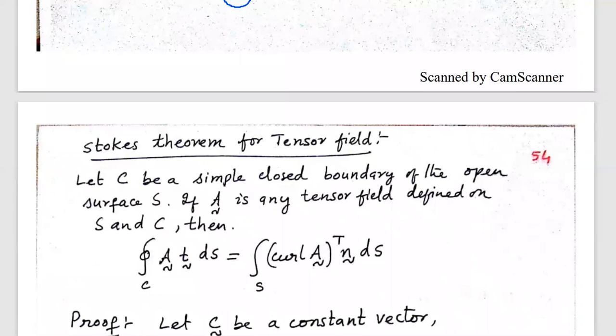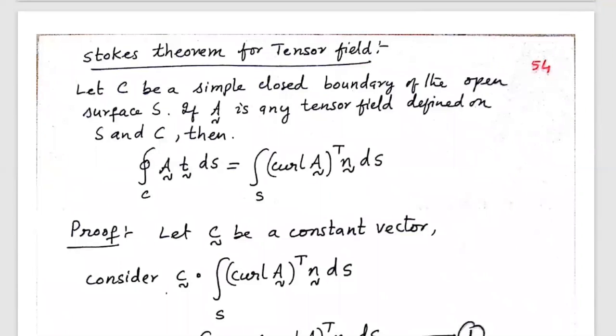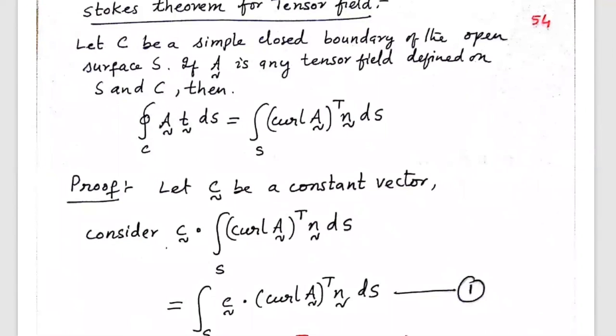Okay, let us see the Stokes theorem for a tensor field. Let us take C, as I told you, a simple closed boundary of open surface S. So we have a closed curve C and we have a surface S.